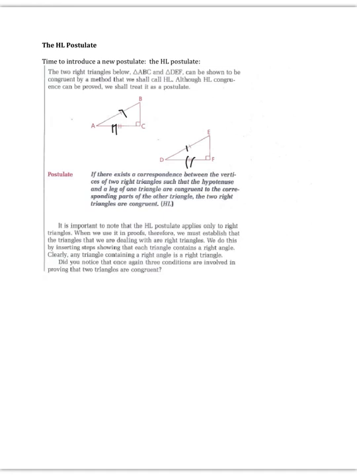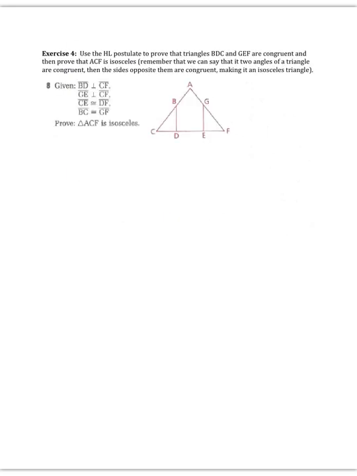Even though technically we have SSA, in this case we can use that, but we call it HL. It's a postulate, hypotenuse leg, and it only applies to right triangles. Okay, so now we're going to use that, and we're going to use it to prove that ACF is isosceles.